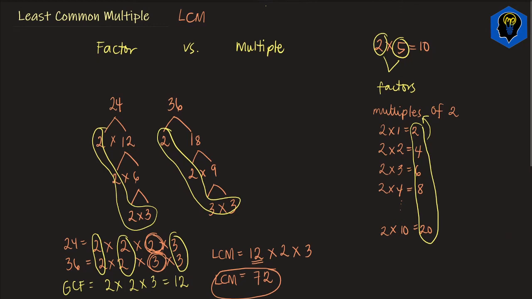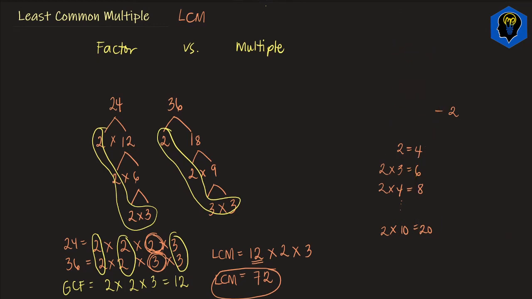How do we check or how do we know if our answer is correct? Medyo naguluhan ba kayo doon? Okay, tingnan natin if our answer is correct. So, kung titingnan natin, what you could do is remember the concept of multiples.